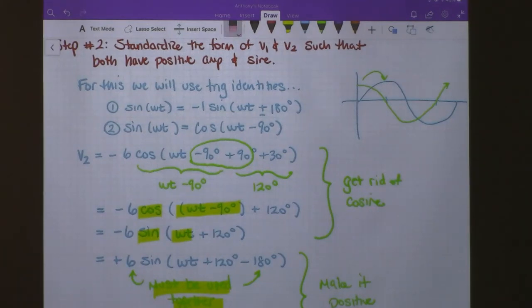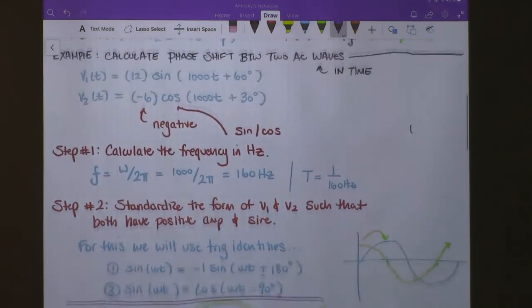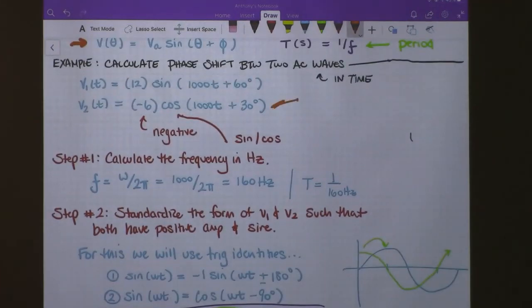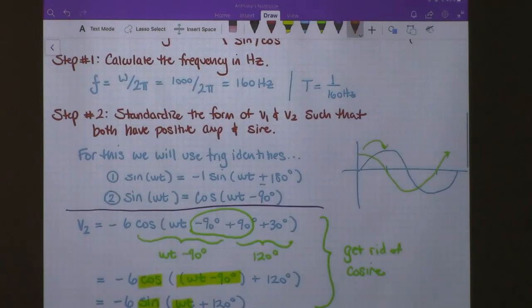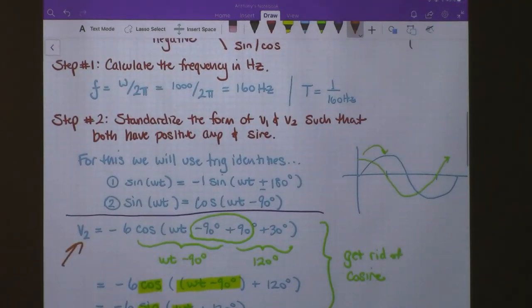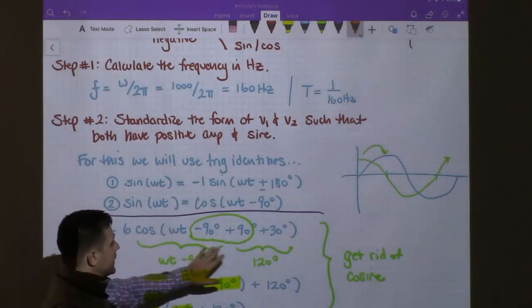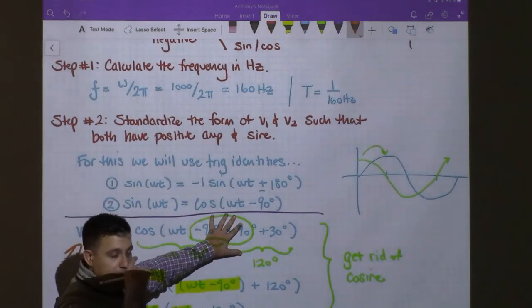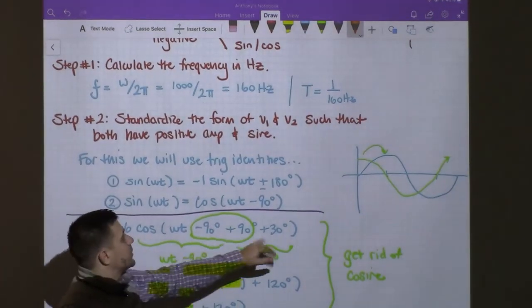So we're going to start off by trying to get rid of the cosine. I'm going to take the equation for V2 right here and bring it down. So negative 6 cosine, originally it was negative 6 cosine omega t plus 30.